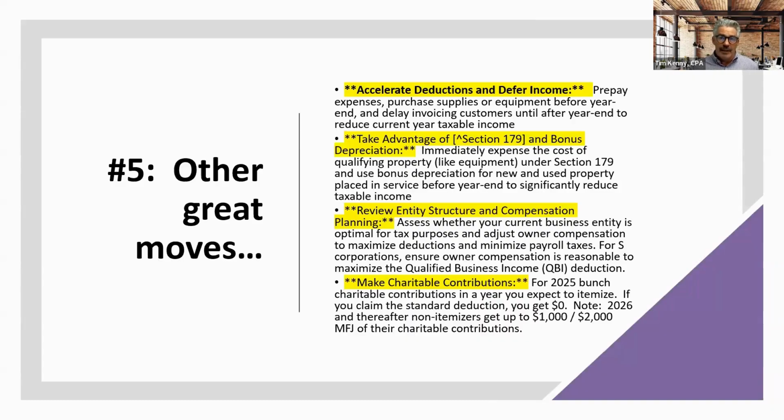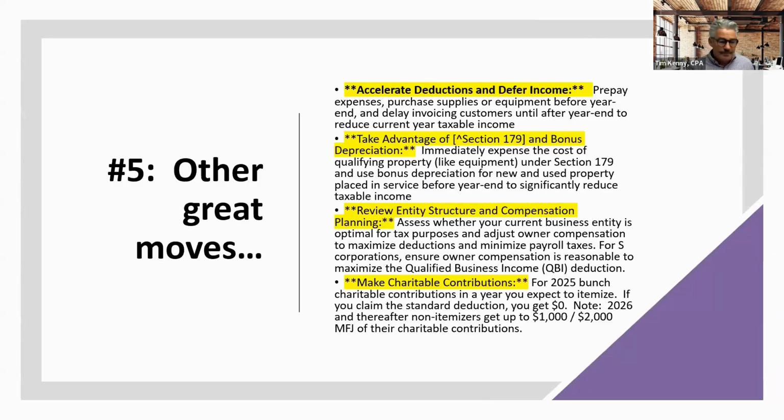You ended up hitting it out of the park, so you say, well, maybe I want to make a late S election and look to minimize my self-employment tax. That's something that we can help with. We a lot of times help our clients do that.